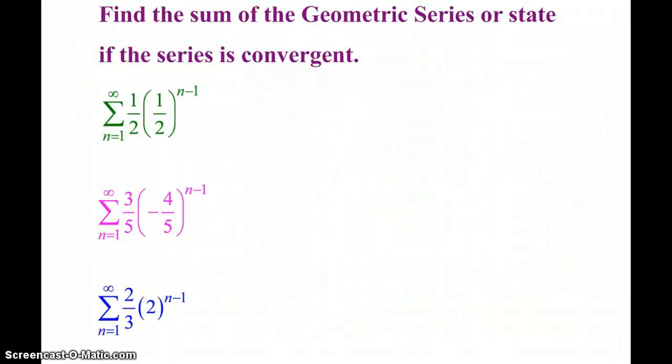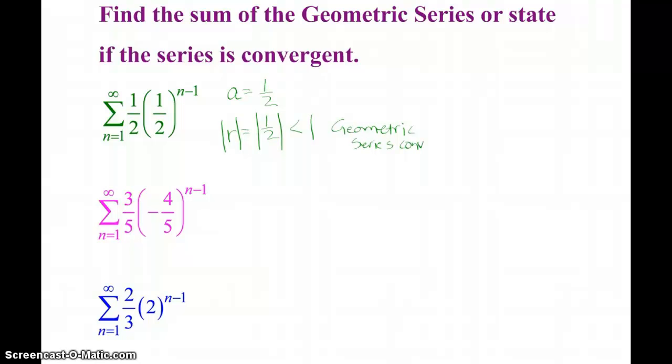So let's look at some examples. Find the sum of the geometric series or state if the series is convergent. Well, these are the same series we saw a while ago, so all we have to do is recognize a, recognize r, determine whether the absolute value of r is less than 1, and state the geometric series converges.